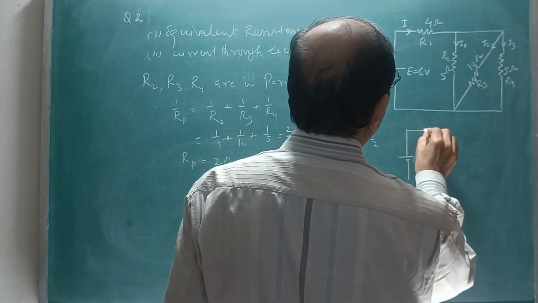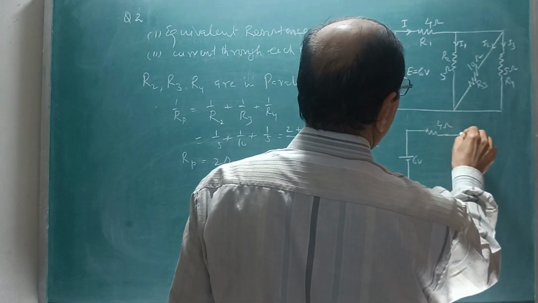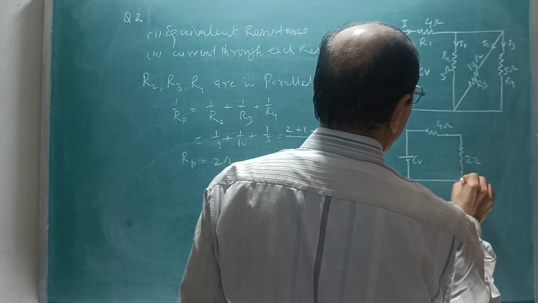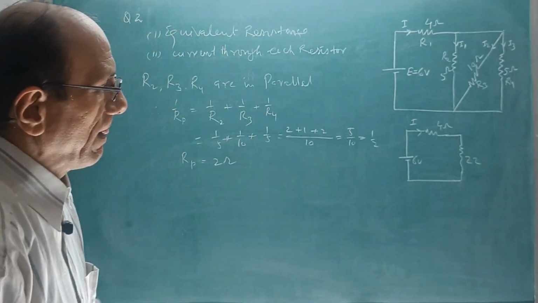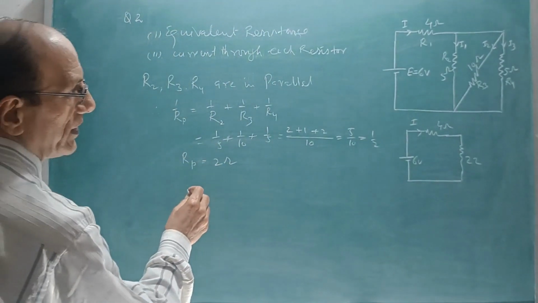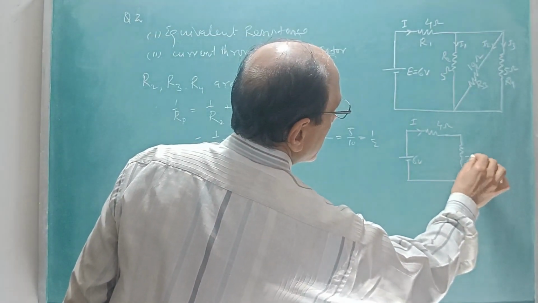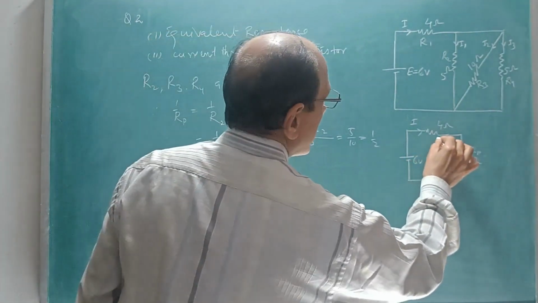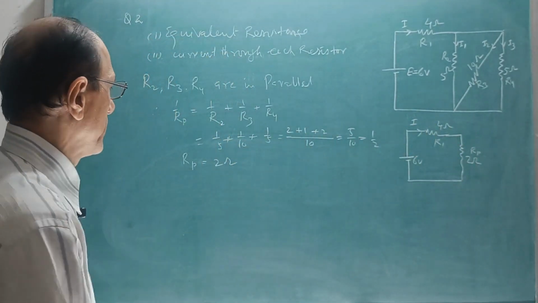And now the equivalent circuit becomes 6 volt, with this 4 ohm and this 2 ohm. This R1 and R parallel are in series.